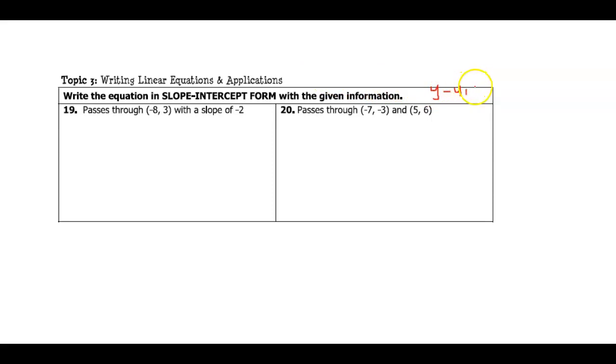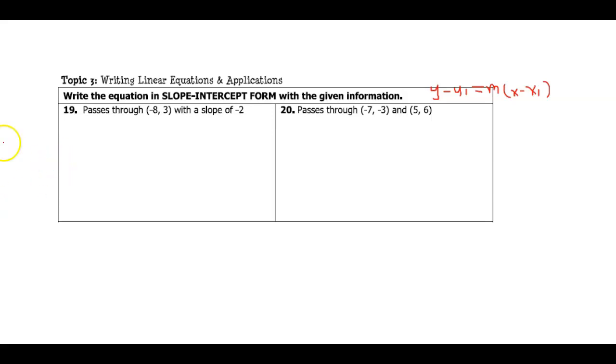So y minus y1 equals m times x minus x1, where m is the slope, and x1 and y1 are the point. Not y-intercept, it's the point.